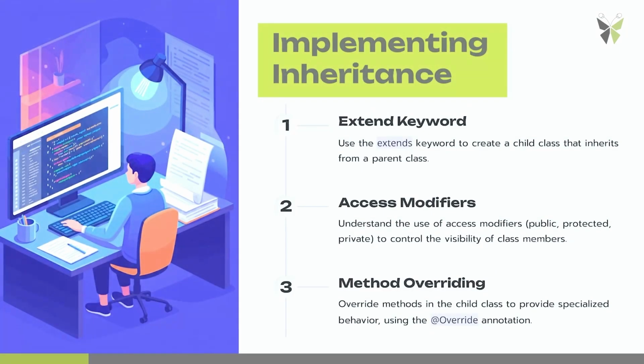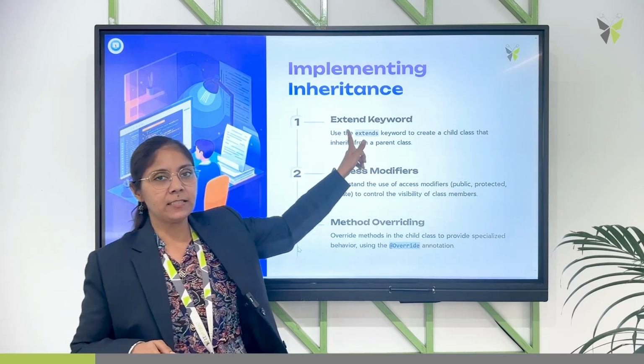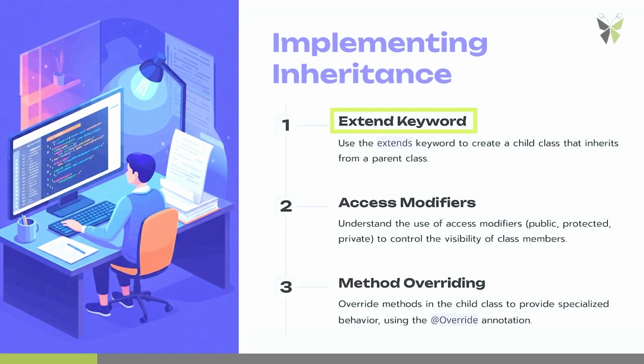So how exactly is inheritance implemented? One of the main concepts of inheritance is implemented with the help of the extends keyword. You will have to use the extends keyword to create the child class that inherits the properties from the parent class. Now, which properties can be inherited? Private properties cannot be inherited by the child class. Static properties are also not inherited by your child class.